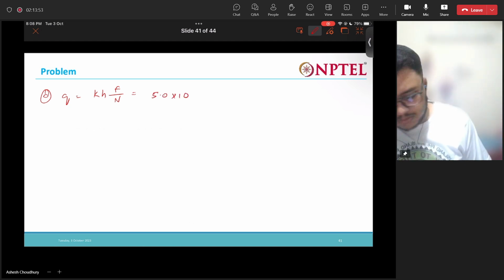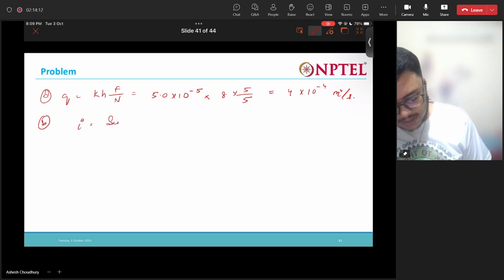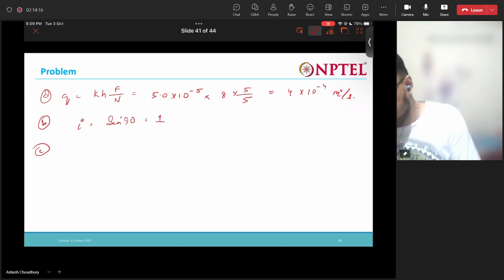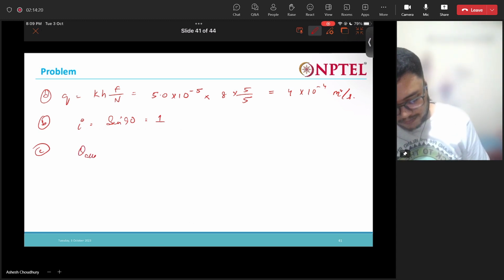Just write it down. Flow gradient, sine 19 because it's vertical, then theta allowable. So what is theta allowable? It is q by i into w.